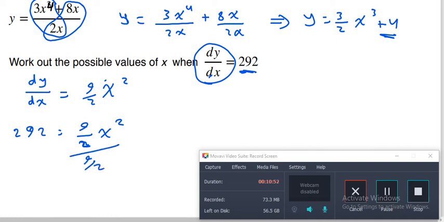Divide by 9/2, divide by 9/2, then 292 divided by 9/2, it will be 292 multiplied by 2 divided by 9, equals this number.